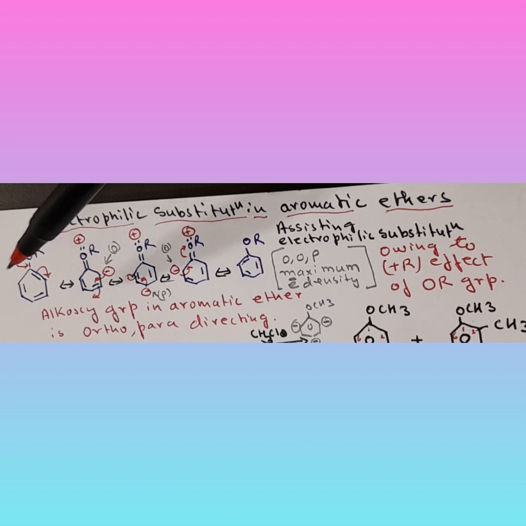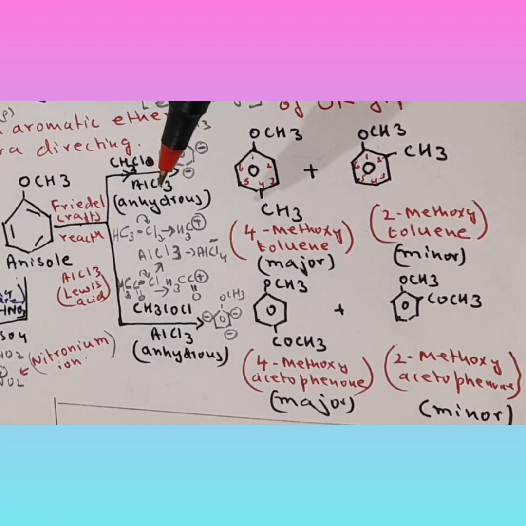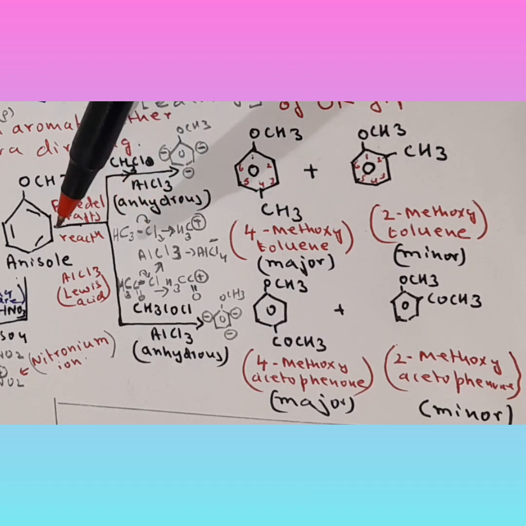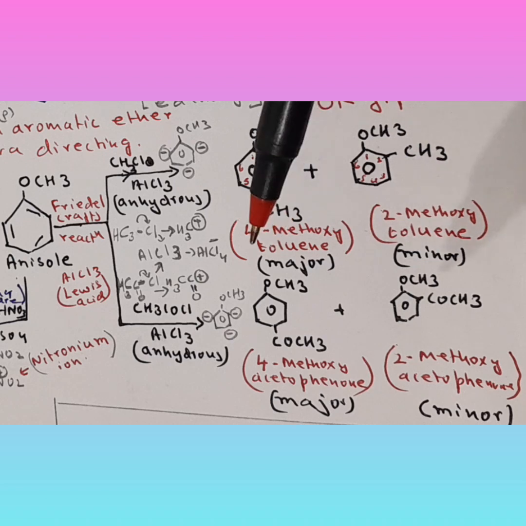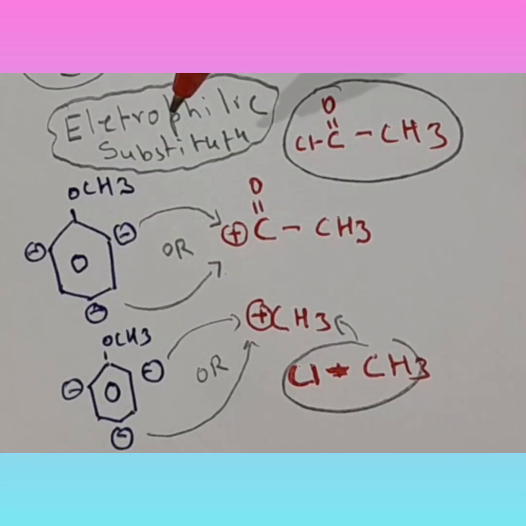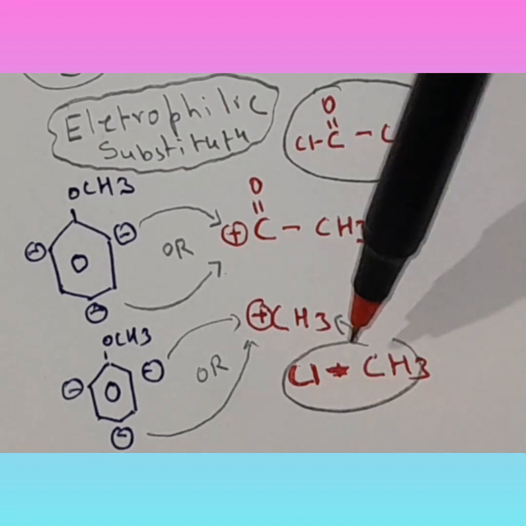Alright, now before we get into Friedel-Crafts reaction, which is my next topic, I would like to clarify certain aspects of electrophilic substitution. Now, when we say electrophilic substitution, what we would be studying is electrophilic substitution with acetyl chloride and methyl chloride.